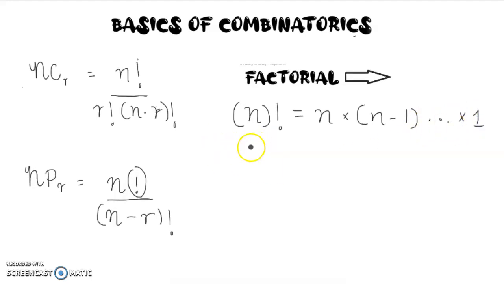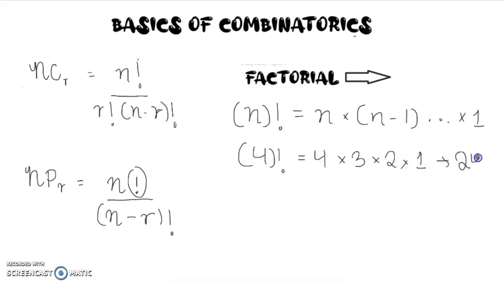For example, 4 factorial is equal to 4 times 3 times 2 times 1, or 24. 4 times 3 is 12, 12 times 2 is 24, 24 times 1 is 24. Therefore, 4 factorial is equal to 24.